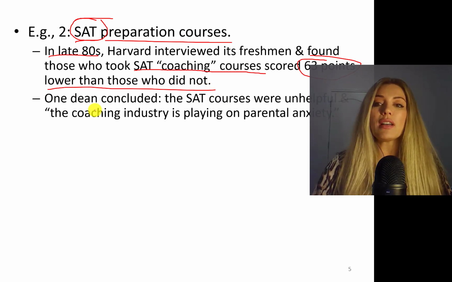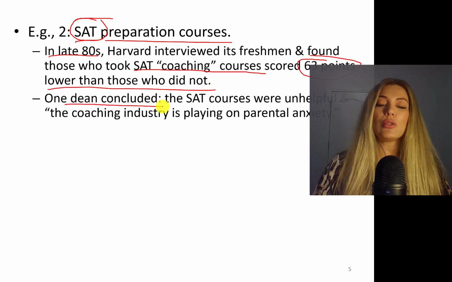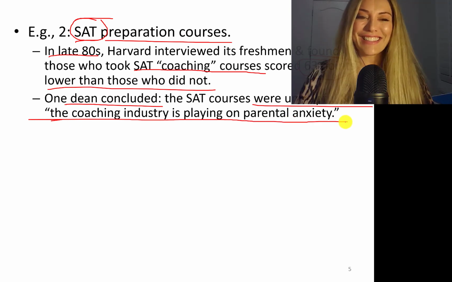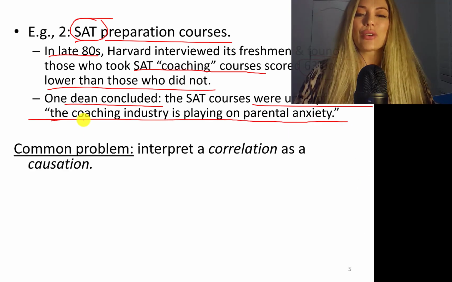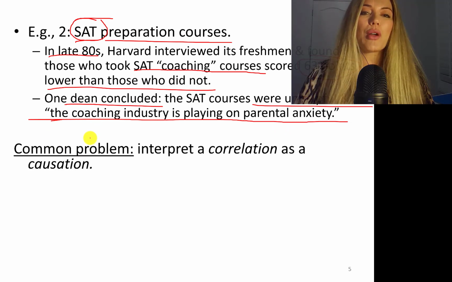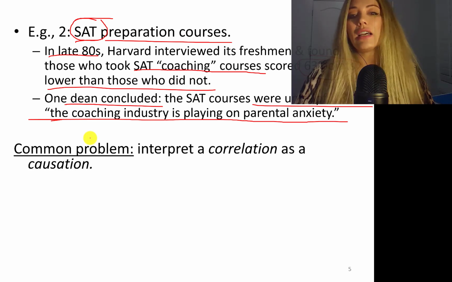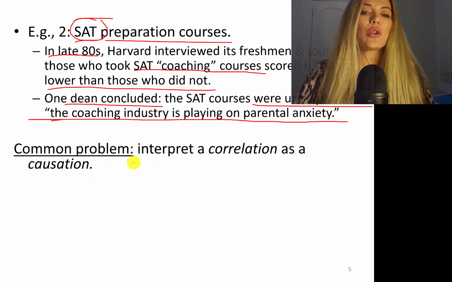One Harvard dean concluded that the SAT courses were unhelpful and the coaching industry is playing on parental anxiety. Here is a common problem in these two cases: Case 1, the Russian peasants example, and Case 2, the SAT preparation course and the Harvard dean's interpretation. They interpreted a correlation as causation.